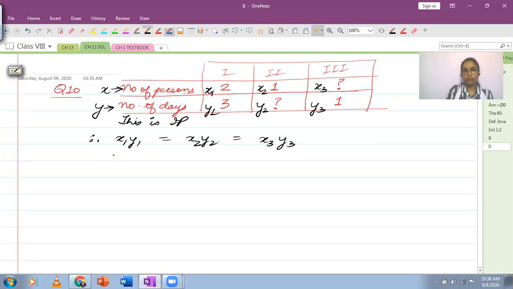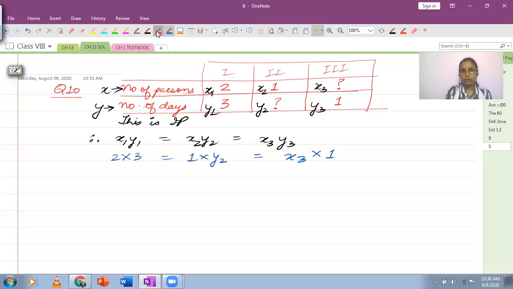So if the products are equal, you have 2 multiplied by 3 equals X2 multiplied by 1, and then 1 multiplied by Y2. We have X3 multiplied by 1.